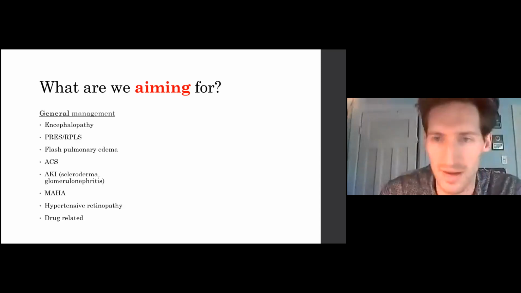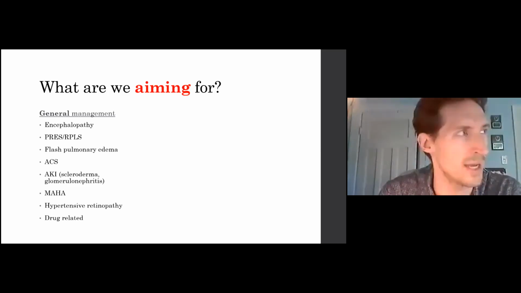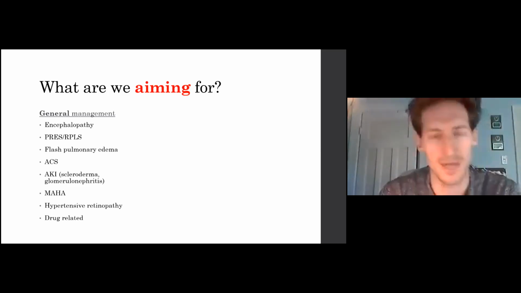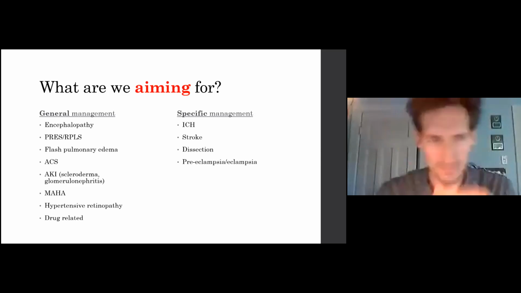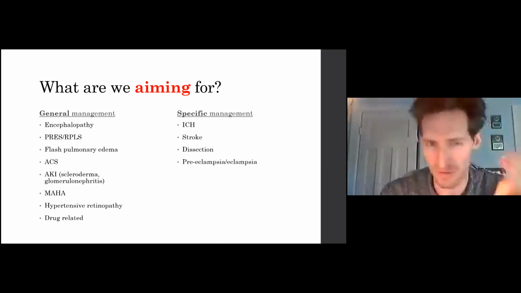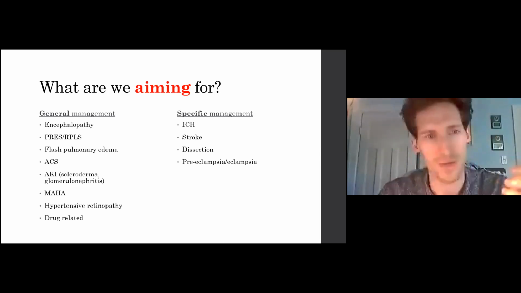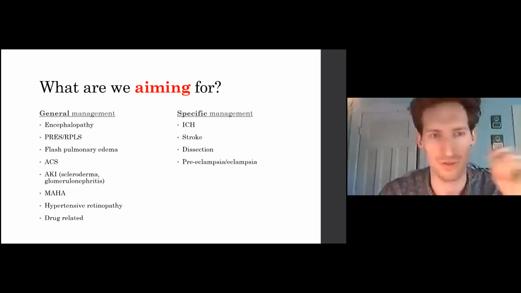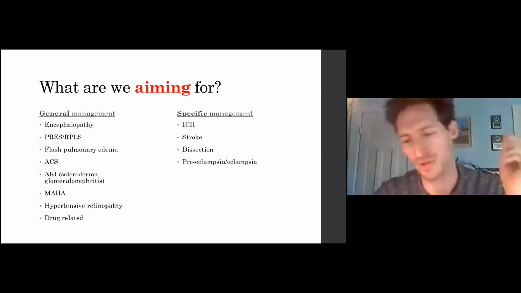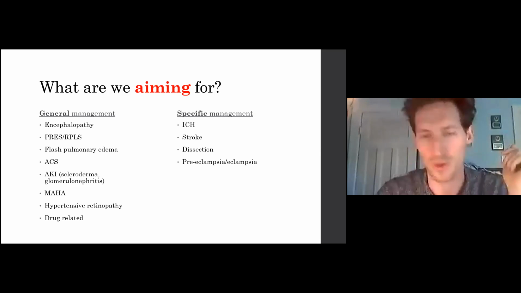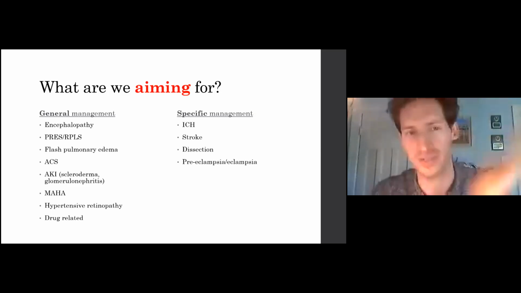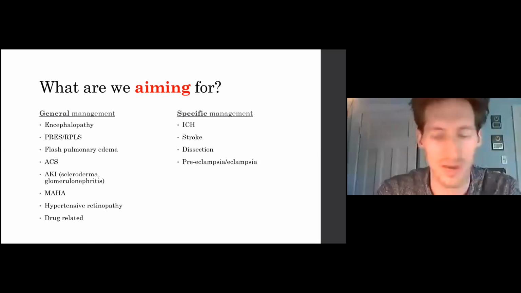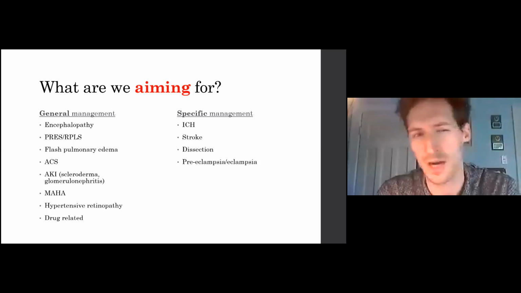It's divided into really a general management and specific management. Specific conditions require very specific targets, and most other situations, the more classic primary hypertensive encephalopathy or primary hypertensive emergency, respond to the same targets, maybe not the same meds.